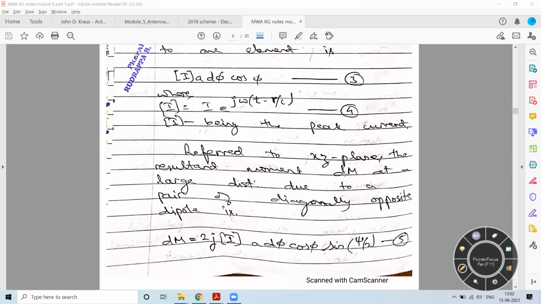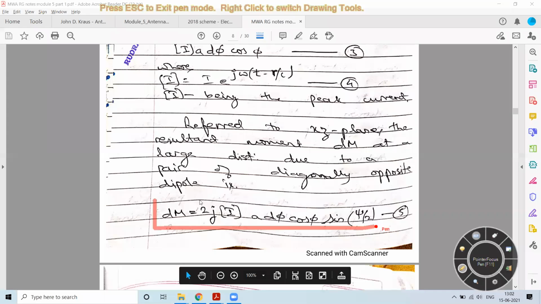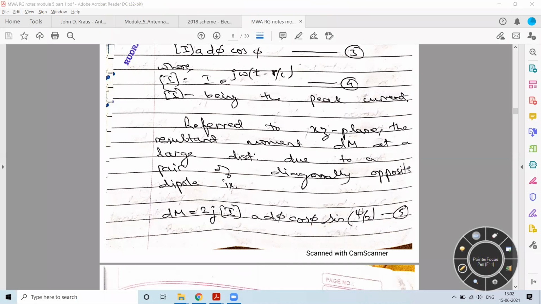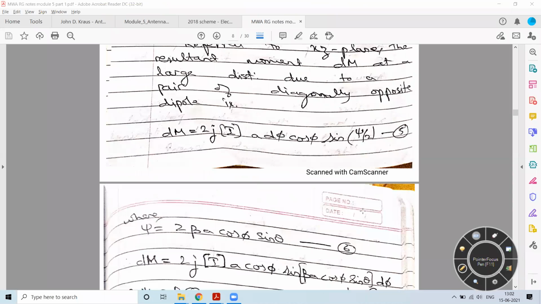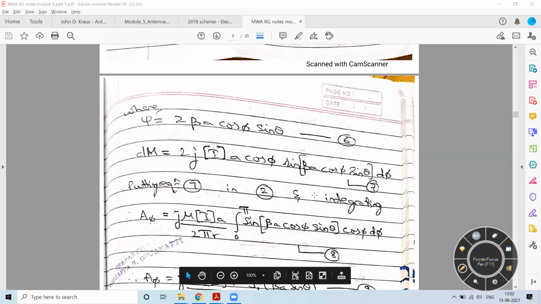Now, based on these parameters, we can have dm, which is given by this equation, which is 2 times j into the retarded current into a d phi cos phi into sine psi by 2. So now based on these specifications, we look forward to obtaining the potential.